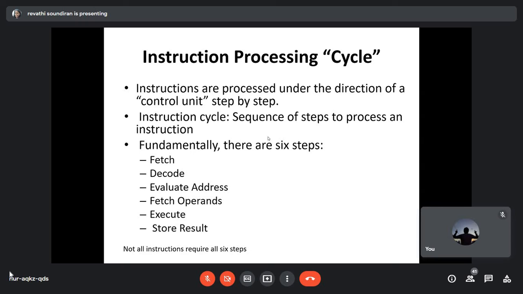Based on this, there are fundamental six steps that are basically followed. One is fetching the instruction, decoding, evaluating the address, fetching the operands, executing the given instruction, and storing the results.